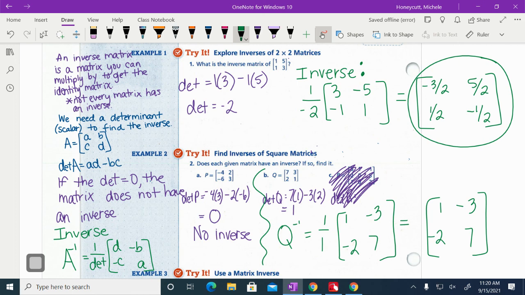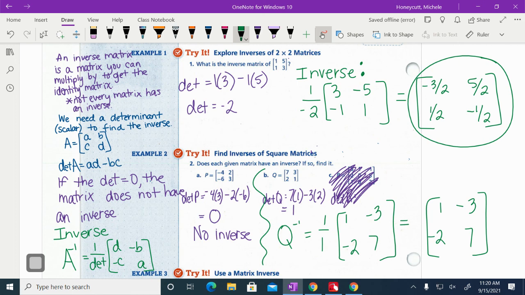I got 1, negative 3, negative 2, 7. Wait, that was 1, negative 2, negative 3, 7. You don't switch these places, you just change the signs.